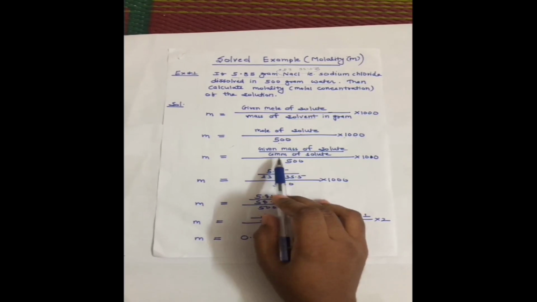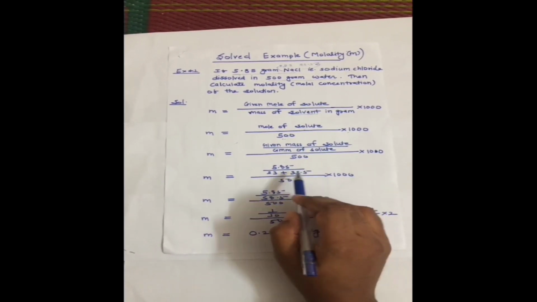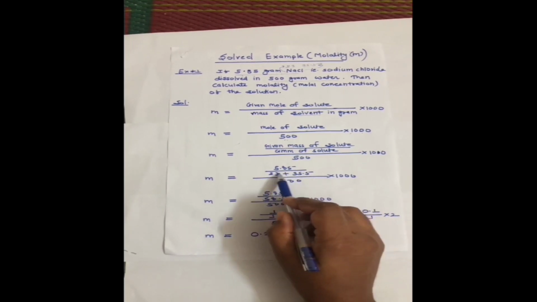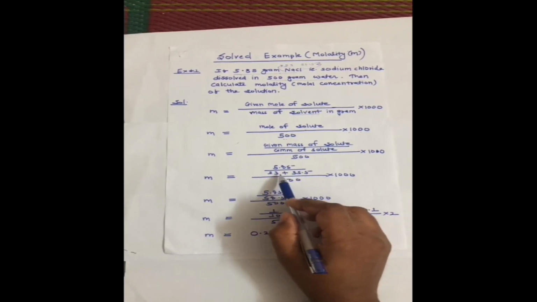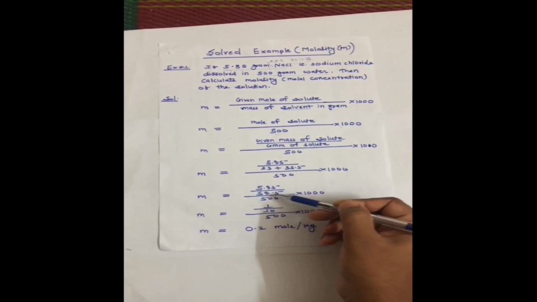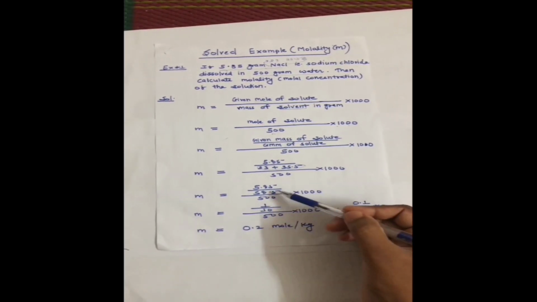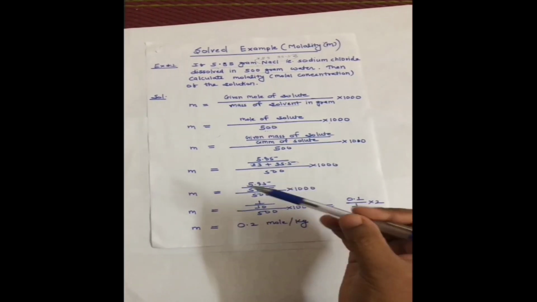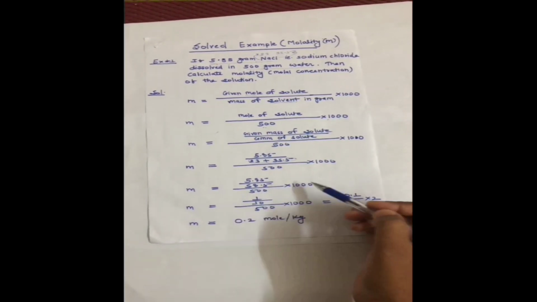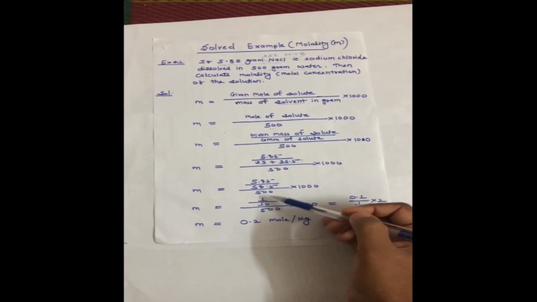So put the value of gram atomic masses, that means 23 plus 35.5, and together it is known as gram molecular mass, which is 58.5. Now 5.85 divided by 58.5. Put the value of given mass of solvent, that is 500, and multiply by 1000. That means 1 by 10.